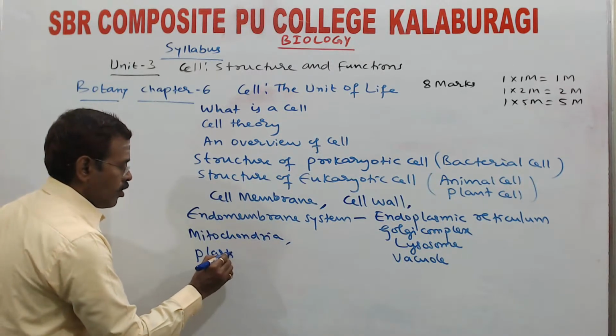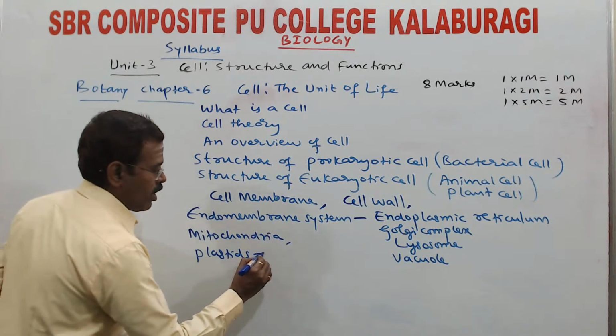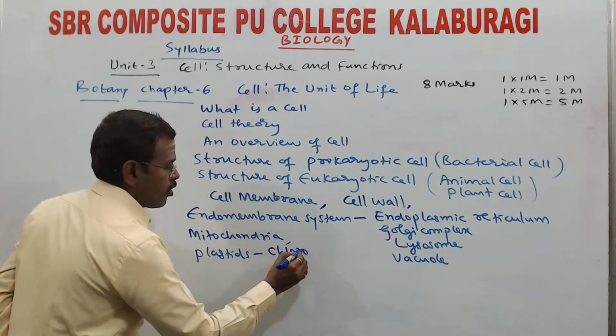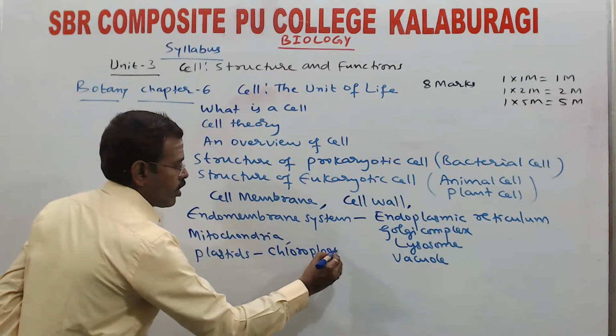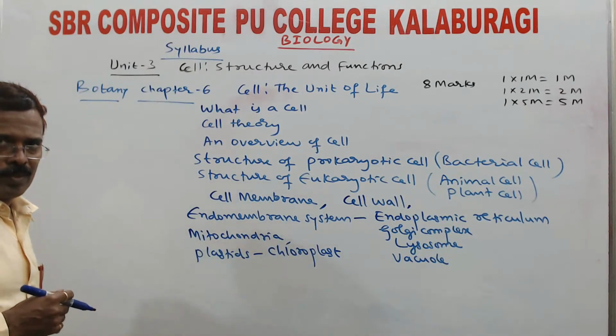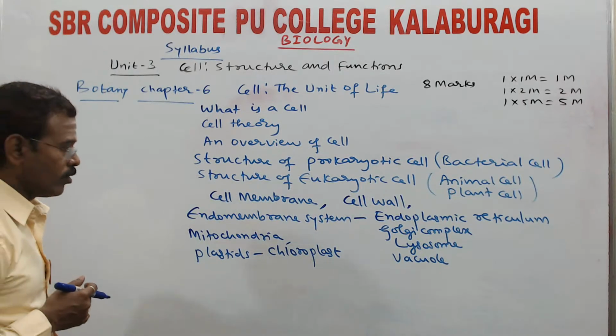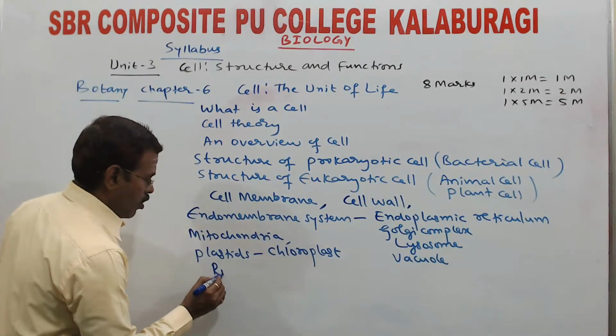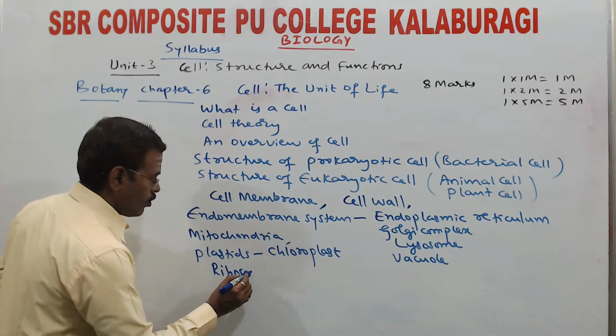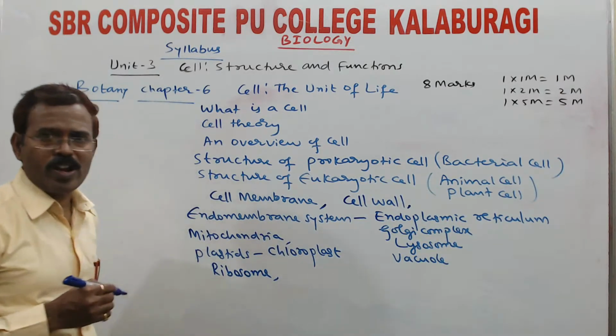Then plastids, mainly the structure of chloroplast. Chloroplast we have to learn. Photosynthetic apparatus, kitchen house of the cell. Then we have to learn about ribosome, protein factory of the cell.